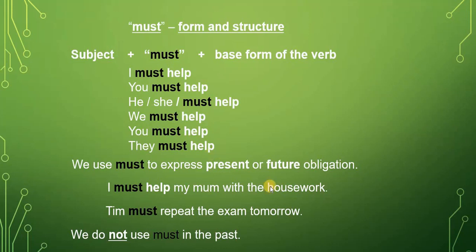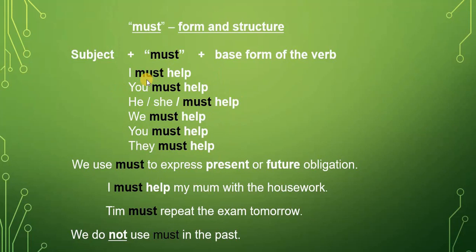Example, here it is. I must help. You must help. He, she must help. We must help. You must help. And they must help. So it is the same for all of the subjects.